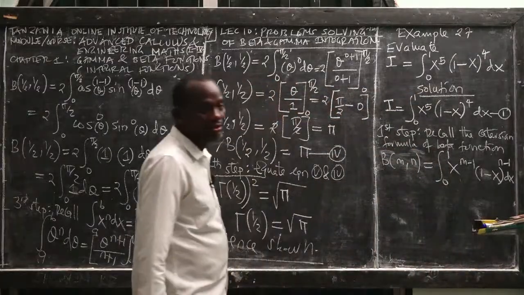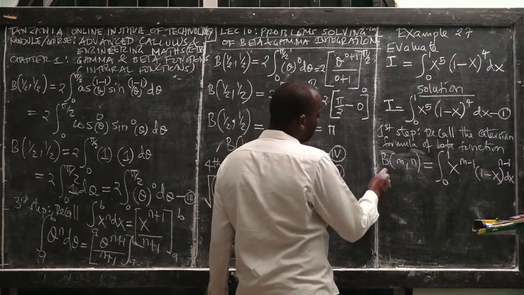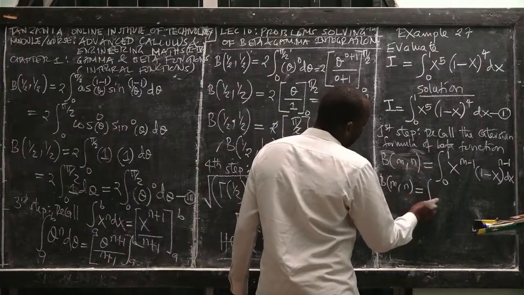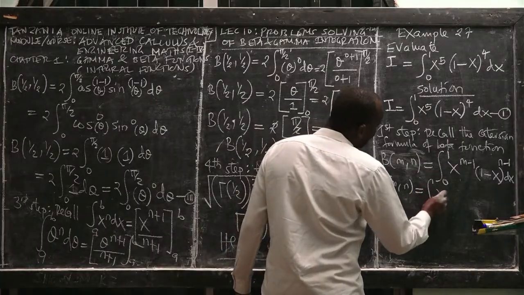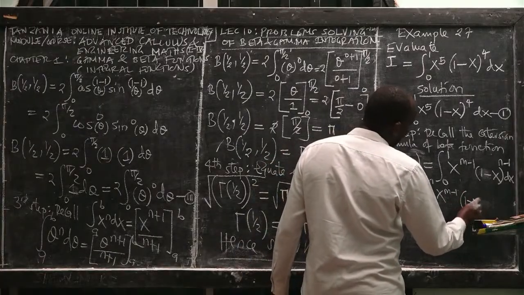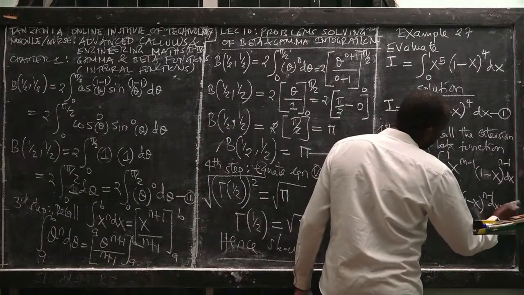Are we together? So this one will be equation 2. Let me rewrite it properly. Beta of m comma n is equal to integral from 0 to 1, x power m minus 1, open bracket 1 minus x, power n minus 1, dx, equation 2.